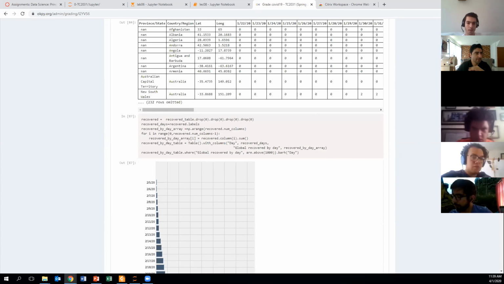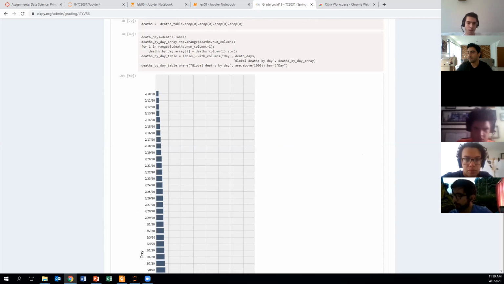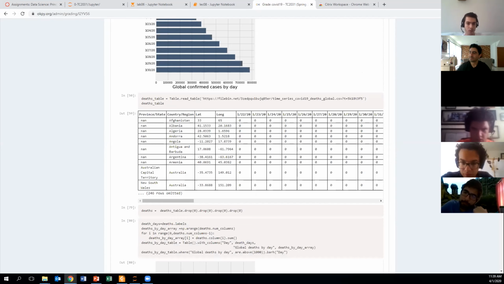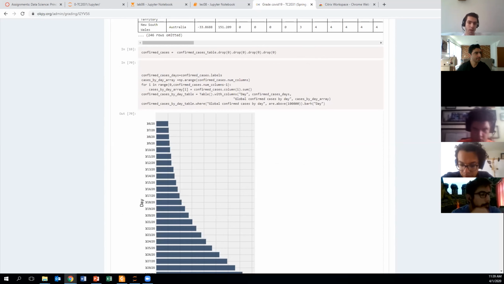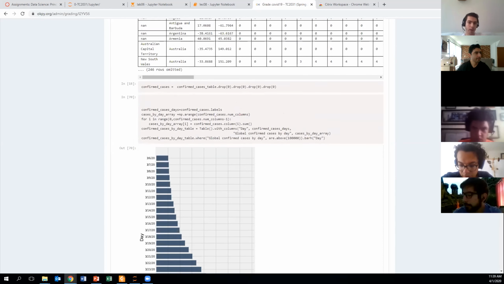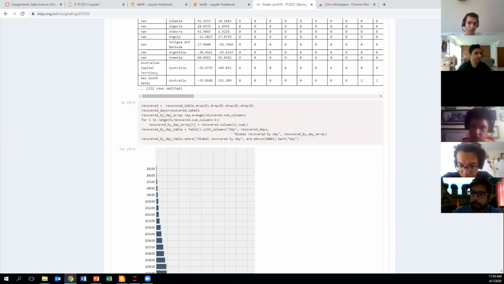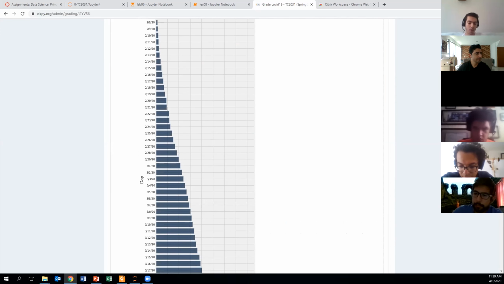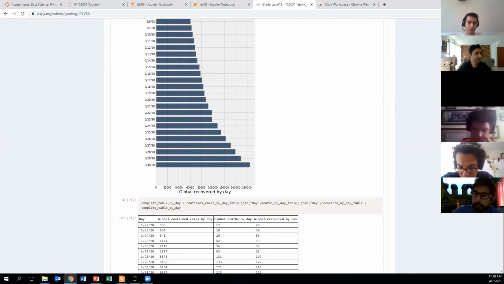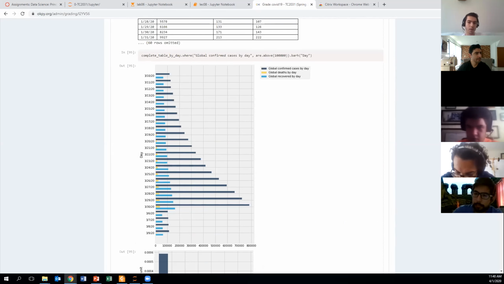So can you tell me now what you did, very briefly, in 1-2 minutes? You explain it, Miguel. Yes, we made some tables to show all the cases in the world: the confirmed cases, the dead cases, and the recovered cases. And we also made a graph to show the three in one graph to compare them.